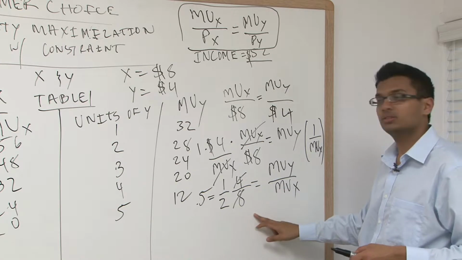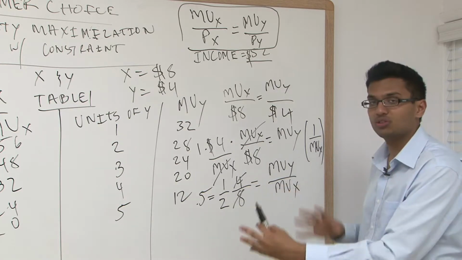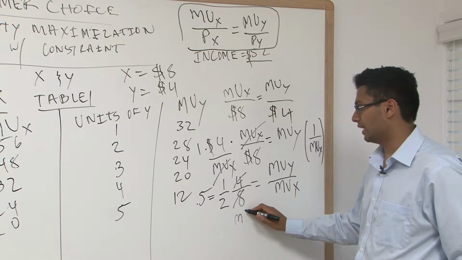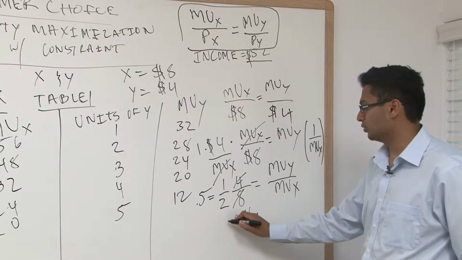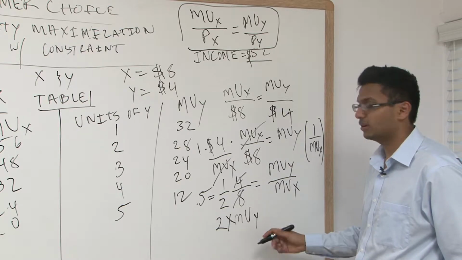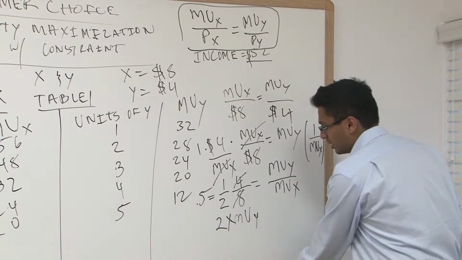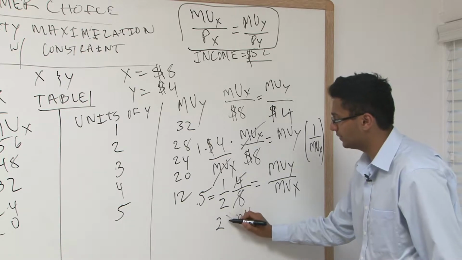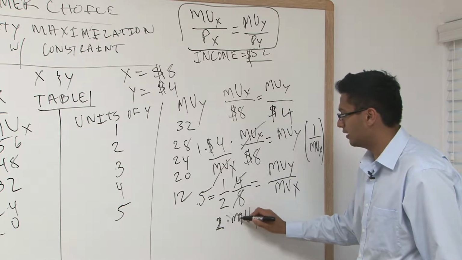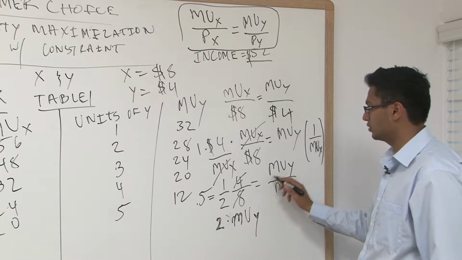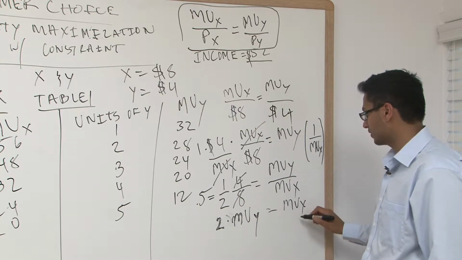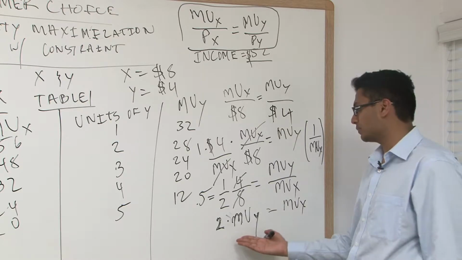If this is 1 over 2, I'm just rearranging the formula: it says MUY times 2, and the dot means times. I don't want to use x because the variable is x. So 2 times MUY is equivalent to MUX: two times the marginal utility of Y is equal to MUX.